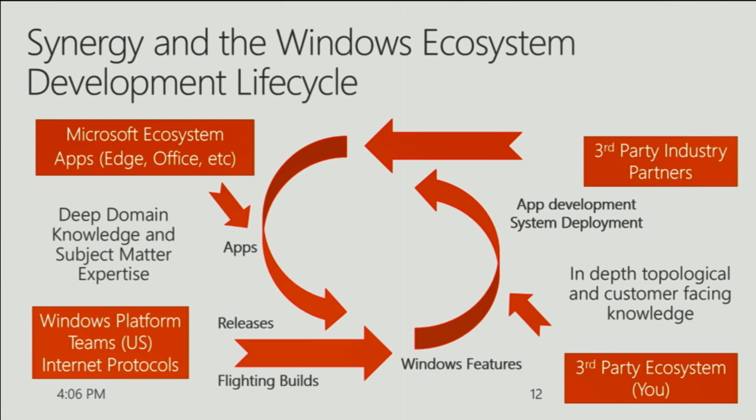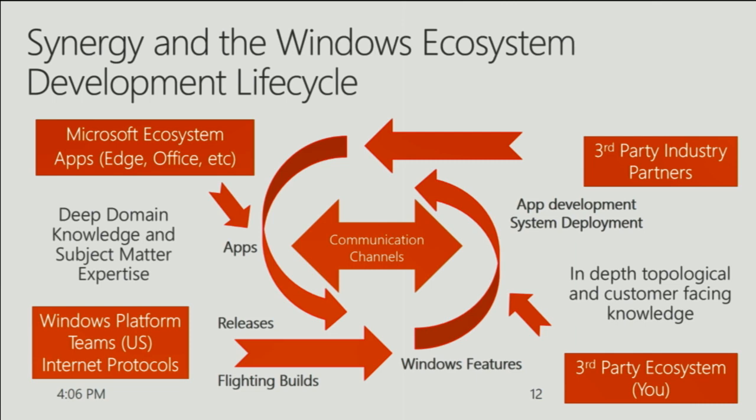You're in the trenches with the customers, looking at their faces, hearing the things that make them unhappy and the things that make them happy. We need that information in order to guide our feature development. So we want communication. We'd like you to communicate that to us.